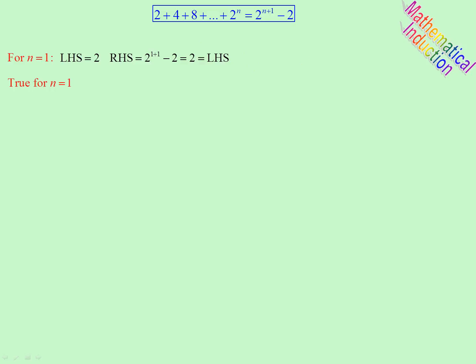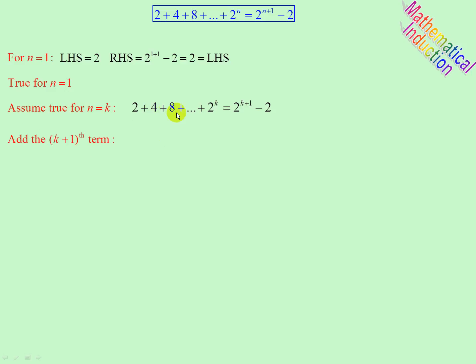True for n equals 1. Now we need to get on to a rung. Assume true for n equals k. That formula with a k. Now we need to get on to the next rung. Add the k plus 1th term.